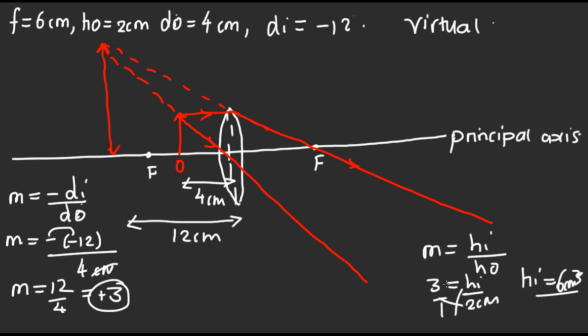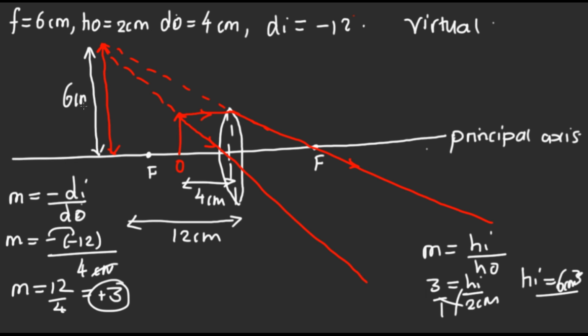Remember, in the first question, hi was negative 6, showing us that the image was facing down. Now, since hi is positive 6, it simply means that the image is on the same side and facing upright as the object. So we've seen how the calculations agree with the visual representation.